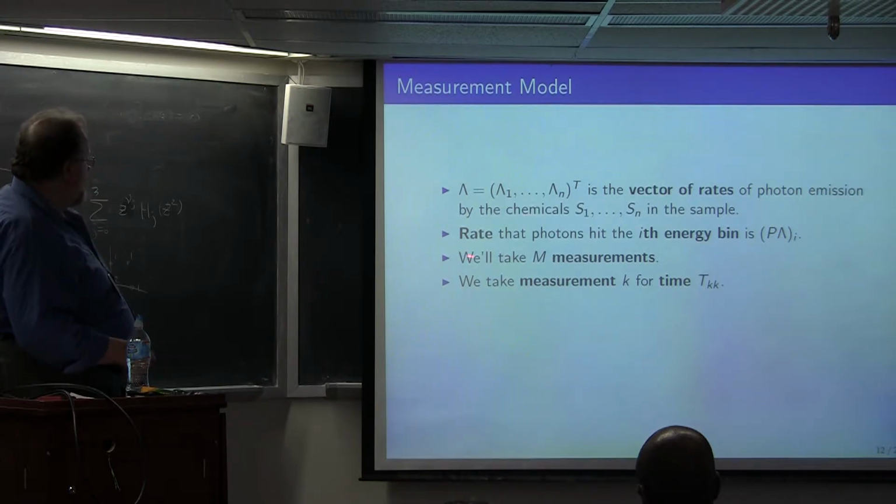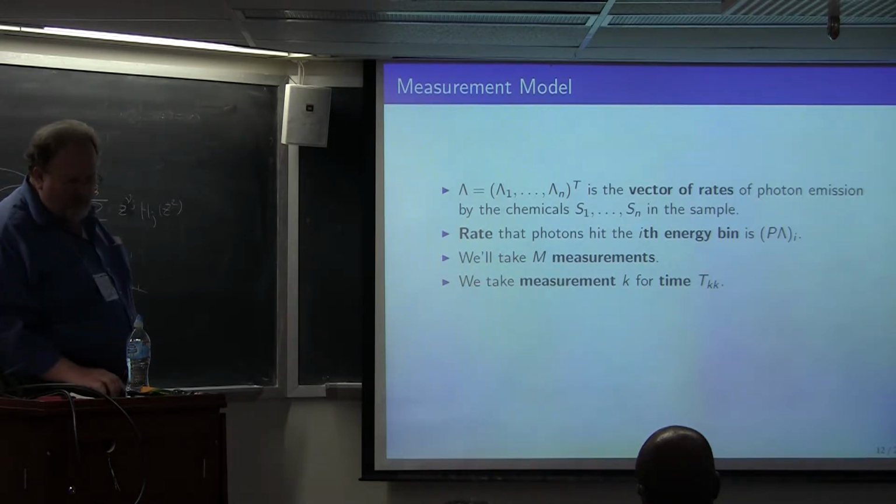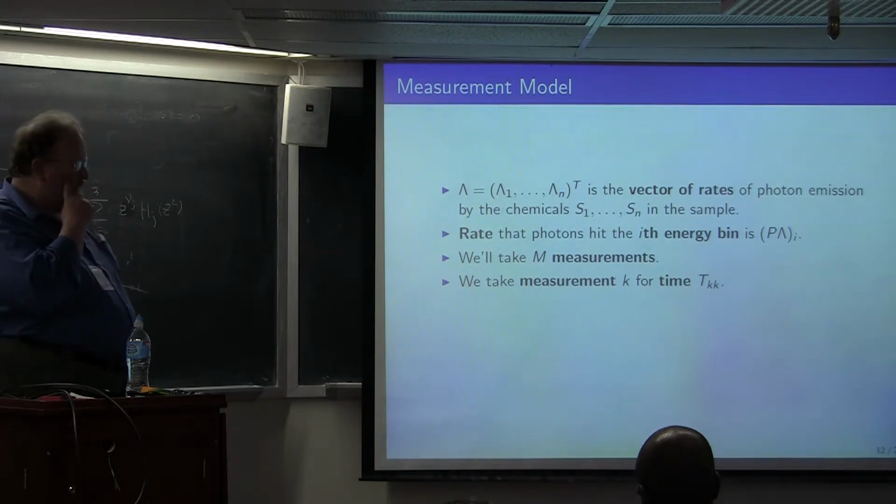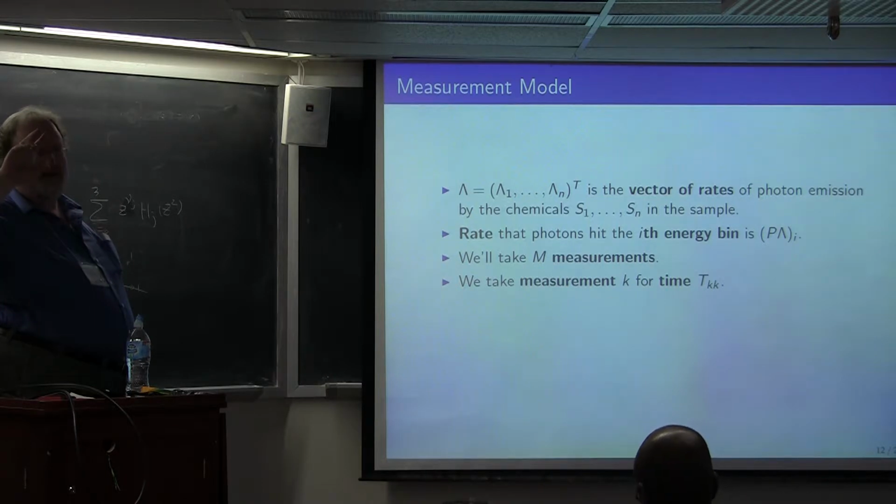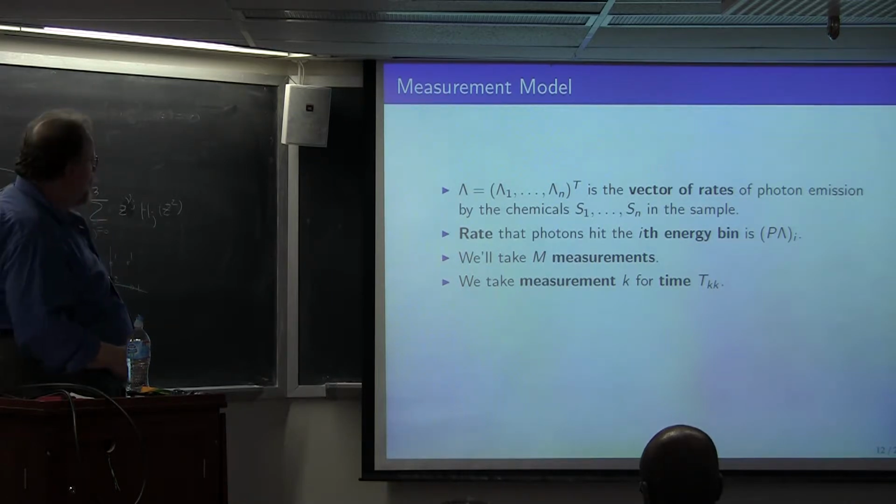We're going to take m measurements, and we take measurement k for time p_k. We're going to take them for different times, and the times we normalize to sum up to 1. So it might be 1 second, it might be 1 millisecond, whatever. They sum up to 1, on a different scale.